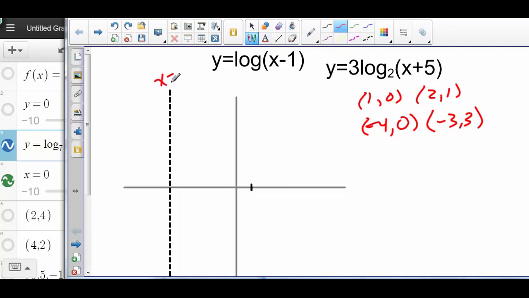And so this is x equals negative 5. My 2 key points are negative 4, 0, and negative 3, 3. And now my sketch will look like this.